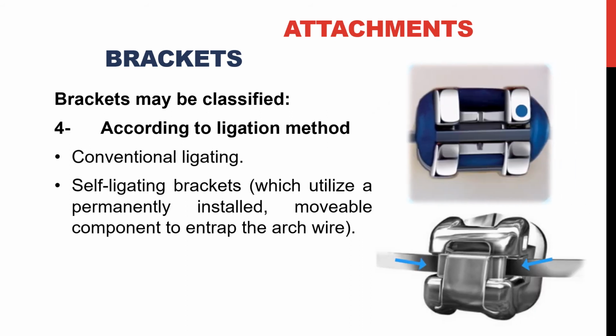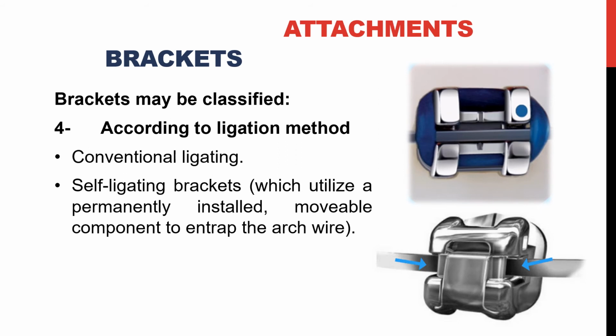Brackets may also be classified according to the ligation method, and by ligation we mean the method of securing the arch wire to the slot. It may be either conventional ligation, by using elastic or metal ligatures or self-ligating brackets.